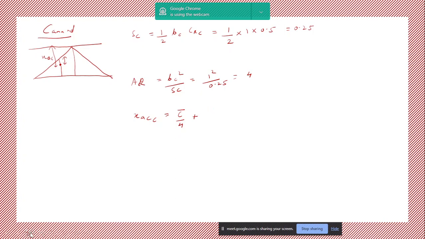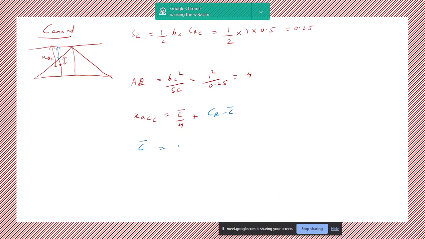Let me just take another color. So what is this value? How much is that? So 1 in blue is nothing but CR minus C, right? Yes. Okay. So to go ahead with that, we find out C bar.